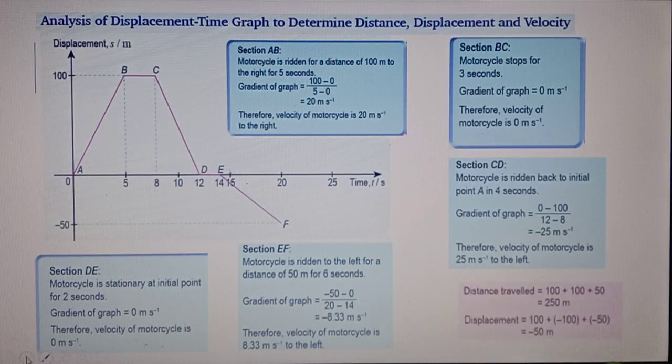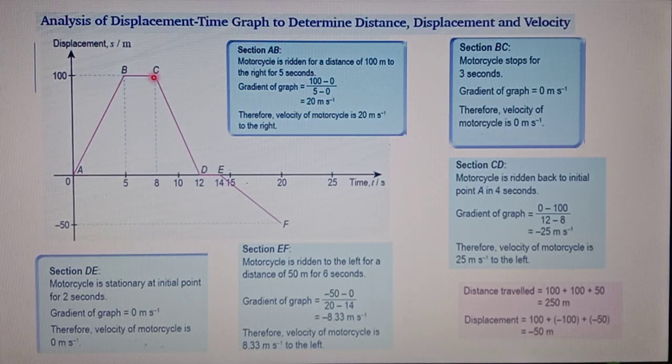Okay. So what can we get from here? We can calculate distance traveled. The distance traveled for the whole motion of the motorcycle is AB plus BC plus CD plus DE plus EF. Okay, so for AB, the distance traveled at B is 100, meaning AB is 100.